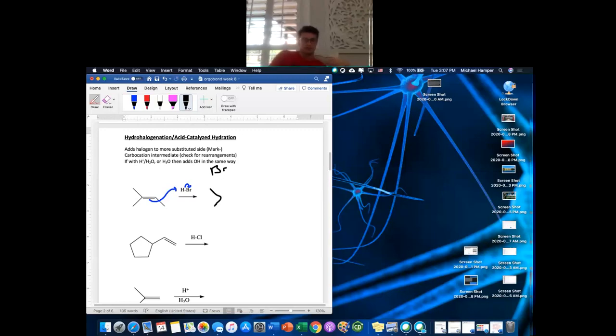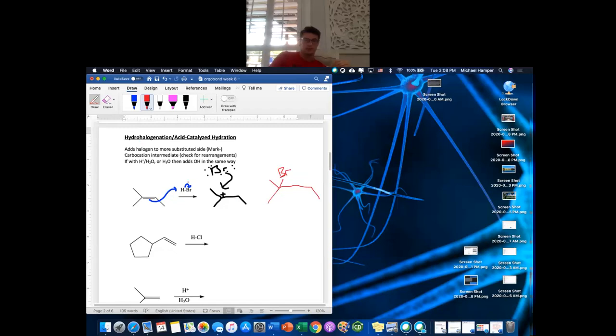You have this intermediate, and that Br will act as a nucleophile or a base and come in and attack, and your final product will be that. So it's really that simple.